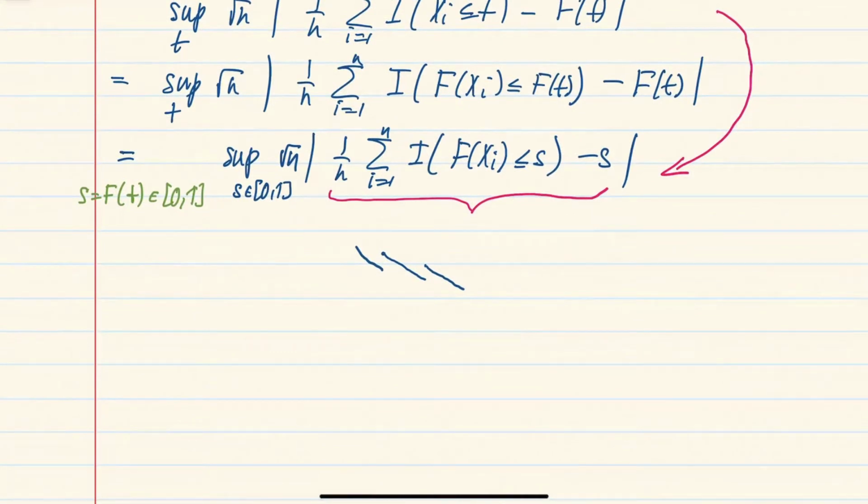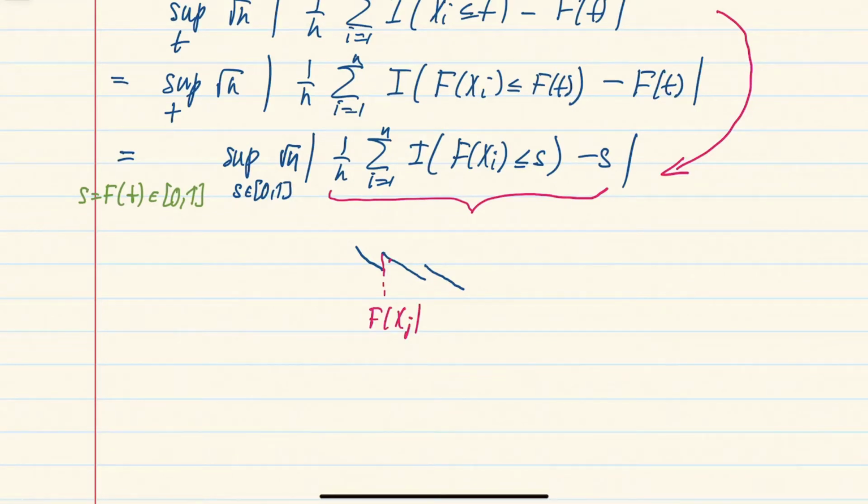And you can see that on each interval between the two jumps, the maximum can be achieved only at the end point, because it's just a monotone, decreasing function on that interval. And the jumps here occur at points in this last expression, at points f of xj, right?